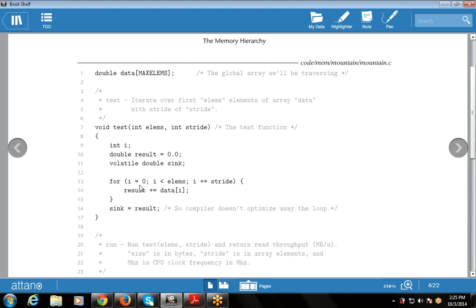On the basis of the stride value, result equals data[i]. First data[0] goes into the result, then data[1], data[2], data[3], until it reaches the number of elements required. Then sink equals result, so the compiler does not optimize away the loop. Then the curly brace closes.